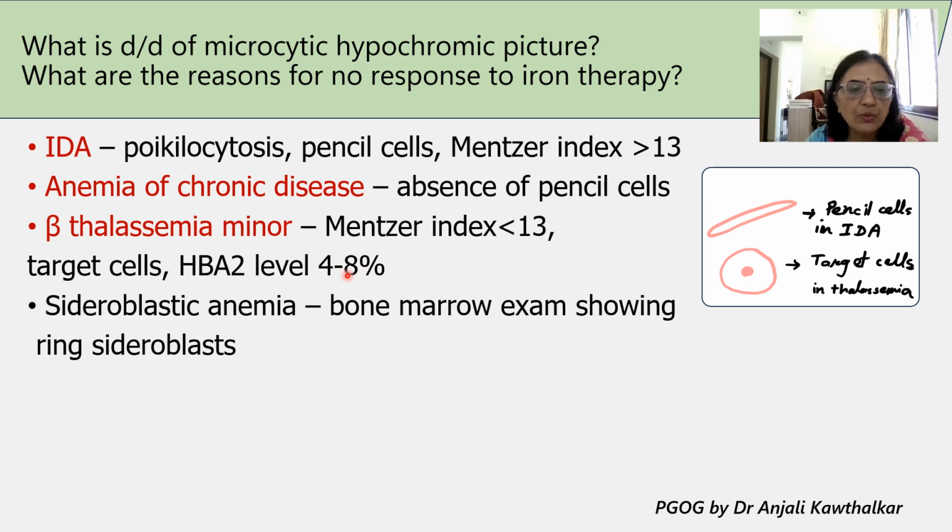Remember this figure also, HbA2. Sideroblastic anemia is diagnosed only on bone marrow examination, where what can be seen are the ring sideroblasts. So these are the four conditions which form the differential diagnosis of microcytic hypochromic picture on peripheral smear, and these are the three conditions: anemia of chronic disease, beta thalassemia minor, and sideroblastic anemia, where in spite of giving iron therapy, there will be no response observed in the patient.